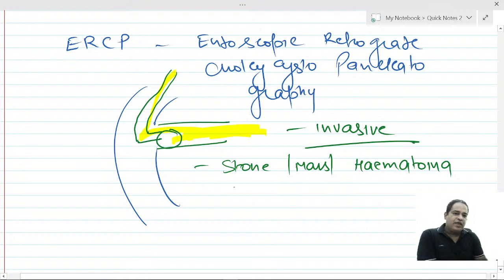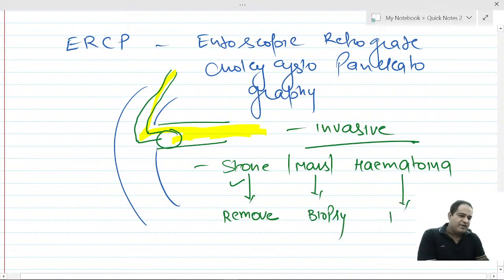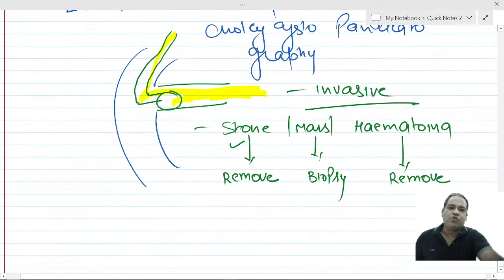Now, if stone is present, we can remove it. If any mass is present, we can take a biopsy. If any hematoma is present, we can safely remove it.